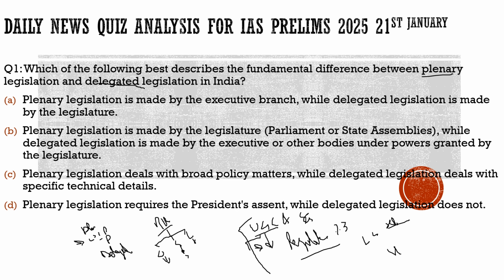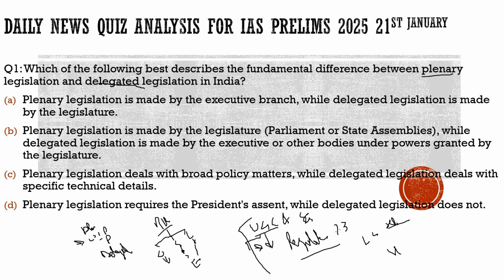So here is a controversy. Now here is a situation. We know that UGC deals with education. In which list does education come in? Education fits in the concurrent list. So if education fits in the concurrent list, now we are reaching our question here.